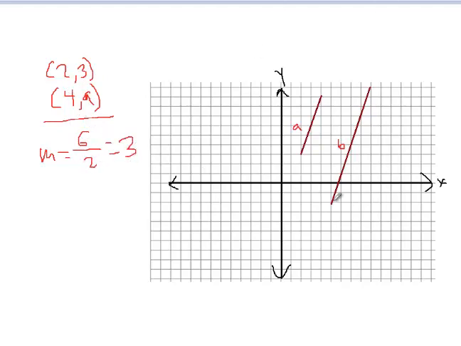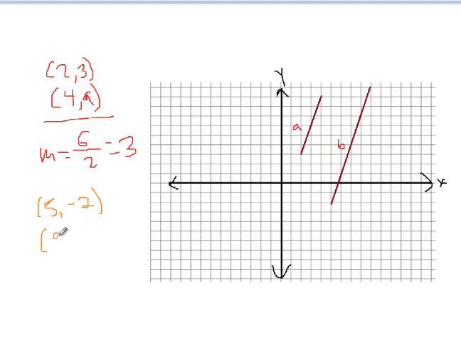Now let's figure out the slope of line B. Well, line B has a 5, negative 2 point. And then we can pick this end point again. We can pick any point at which it hits. But let's try the end one.